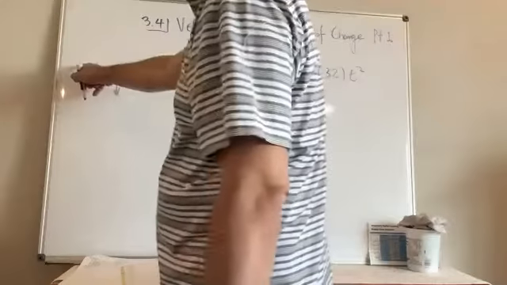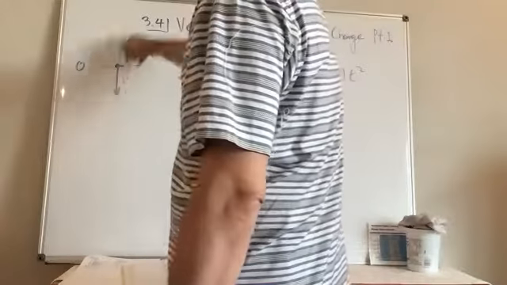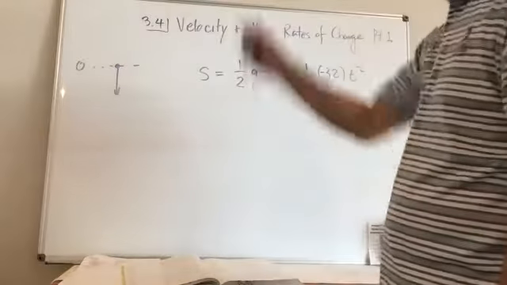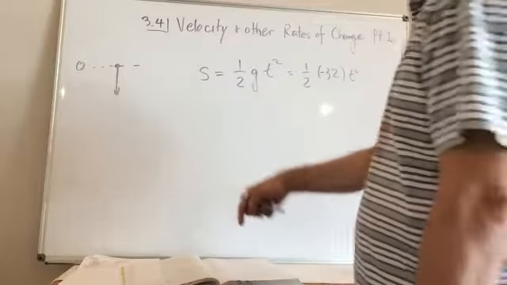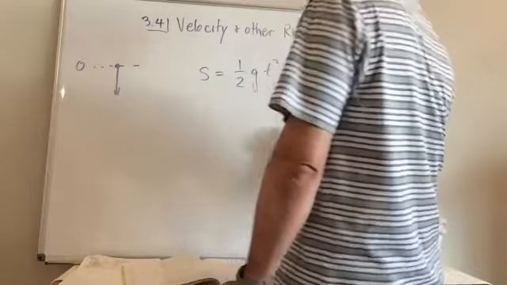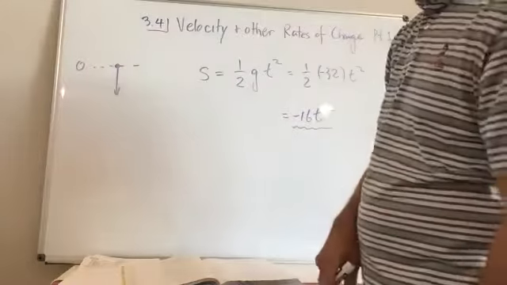If this is 0 and up is positive, it's going down, negative. So this 32 is actually negative 32 because it's going downward. So this is the same as negative 16t squared. You guys have seen this before.